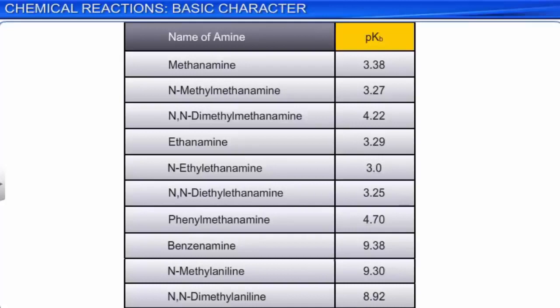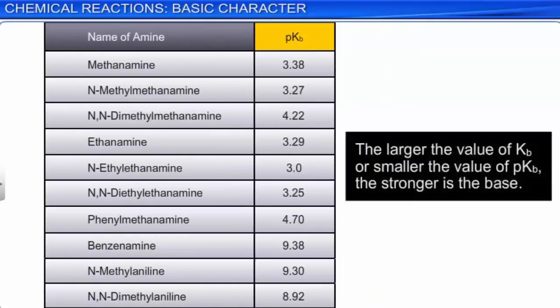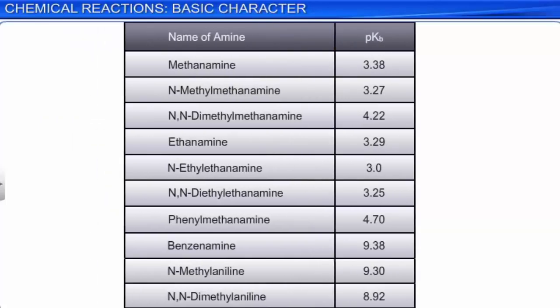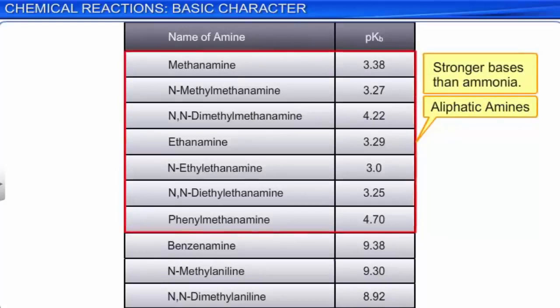The larger the value of Kb or the smaller the value of pKb, the stronger is the base. By observing the pKb values listed in the table, we can say that aliphatic amines are stronger bases than ammonia. On the other hand, aromatic amines are weaker bases than ammonia.